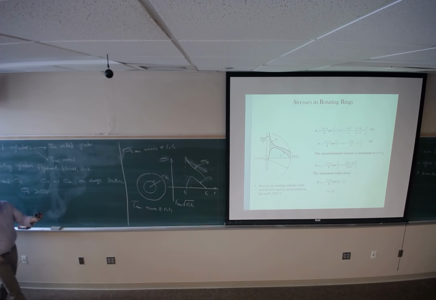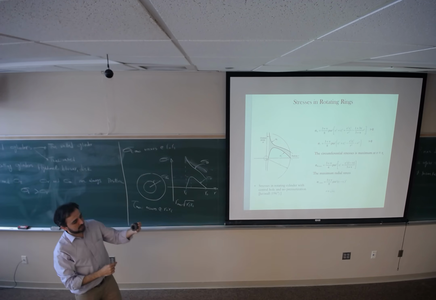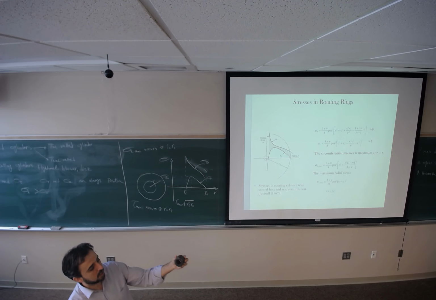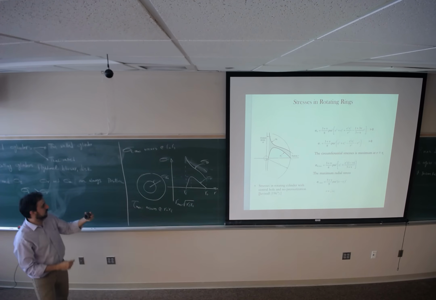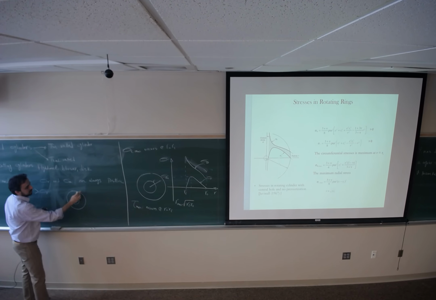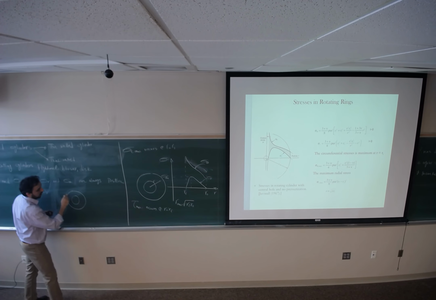If you have two cylindrical components, one at the smaller radius and the other at the larger radius, suppose we have a shaft and hub. This is the hub and this is the shaft.